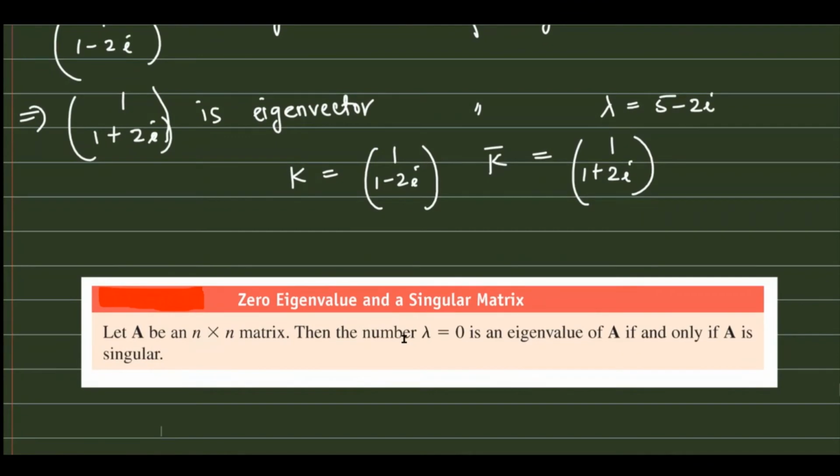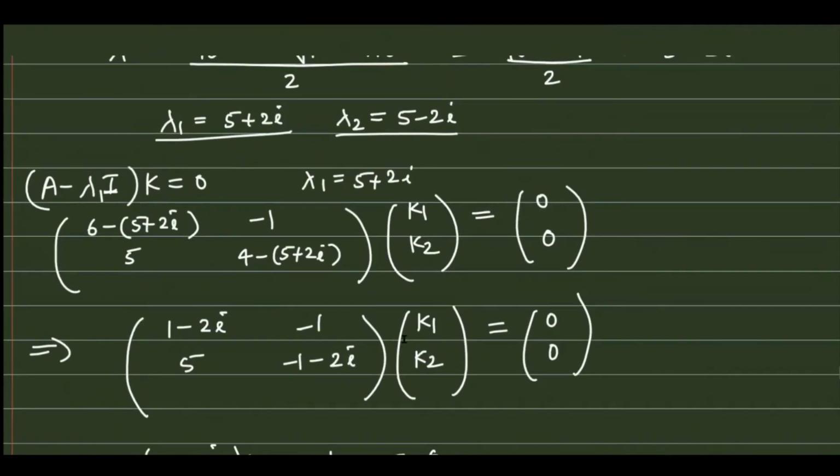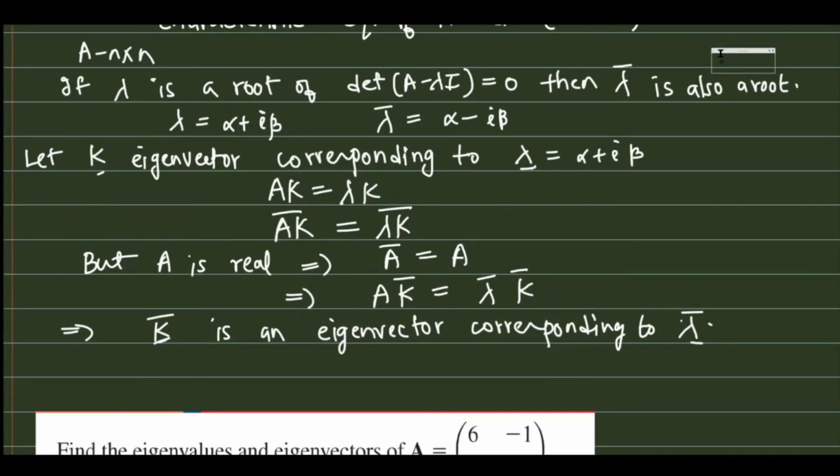And suppose that K is the eigenvector corresponding to this eigenvalue. If K is an eigenvector corresponding to the eigenvalue lambda, which is alpha plus i beta, then we have AK equal to lambda K. Then take conjugate on both sides. So we have AK whole conjugate equal to lambda K whole conjugate.